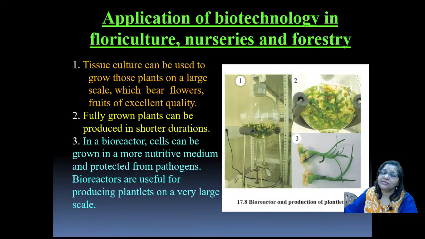That is, the time taken for the production of plants can be reduced, and not only that, these plants can be grown on a large scale on the nutrient medium, that is the tissue culture nutrient medium, by using bioreactors, wherein the GM crop plantlets can be produced on a large scale.